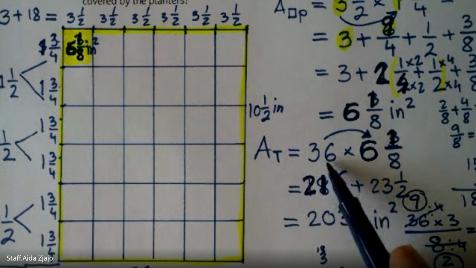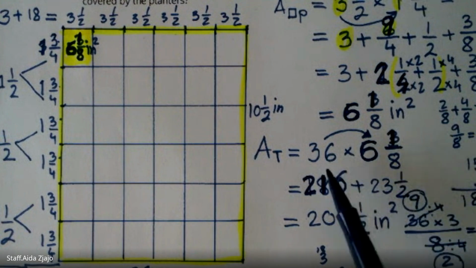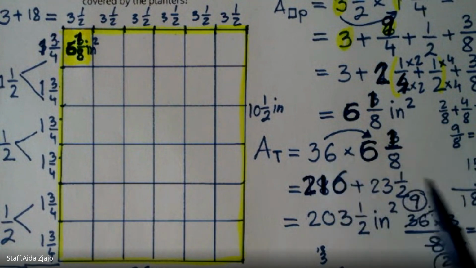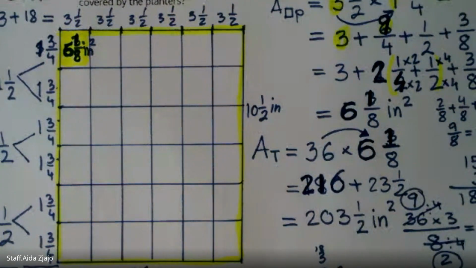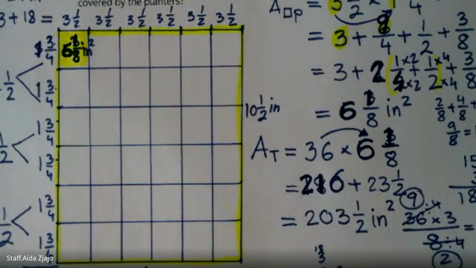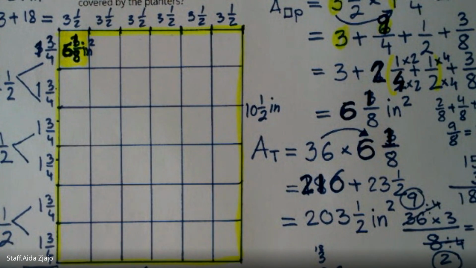And what is 1/8 of 36? So 1/8 of 36 is 36 divided by 8. So how many 8s are in 36? There are 4. 4 times 8 is 32. So there are 4 eighths left.